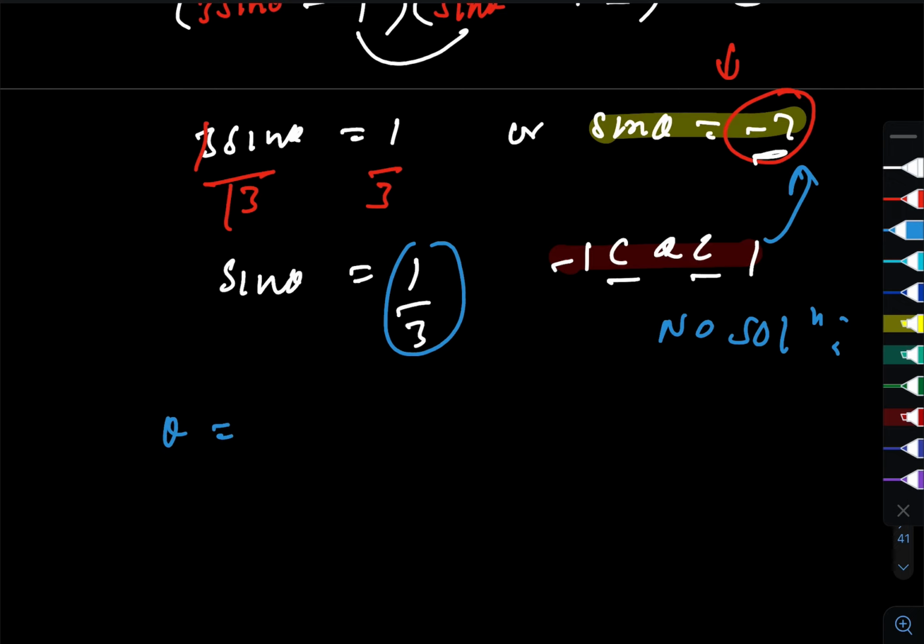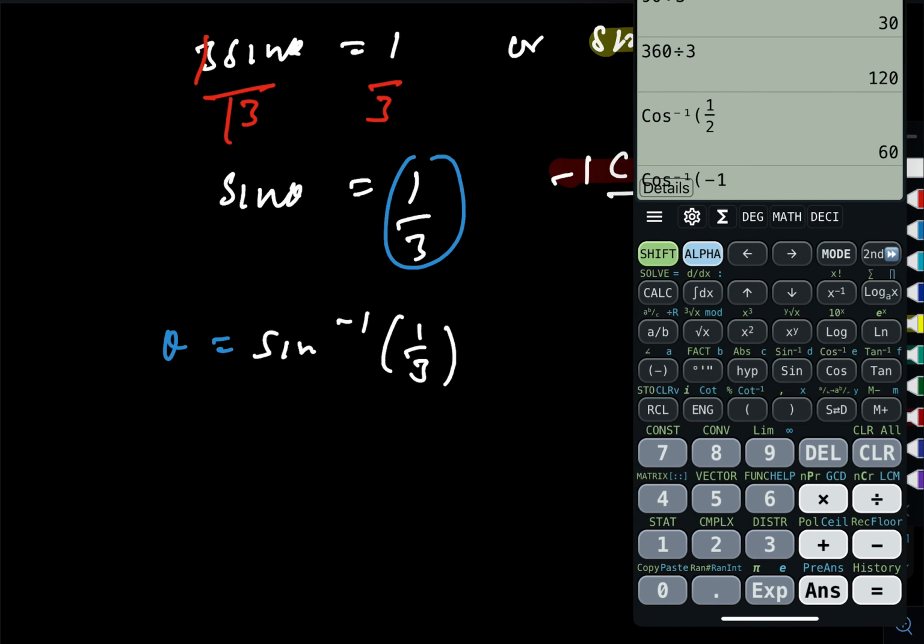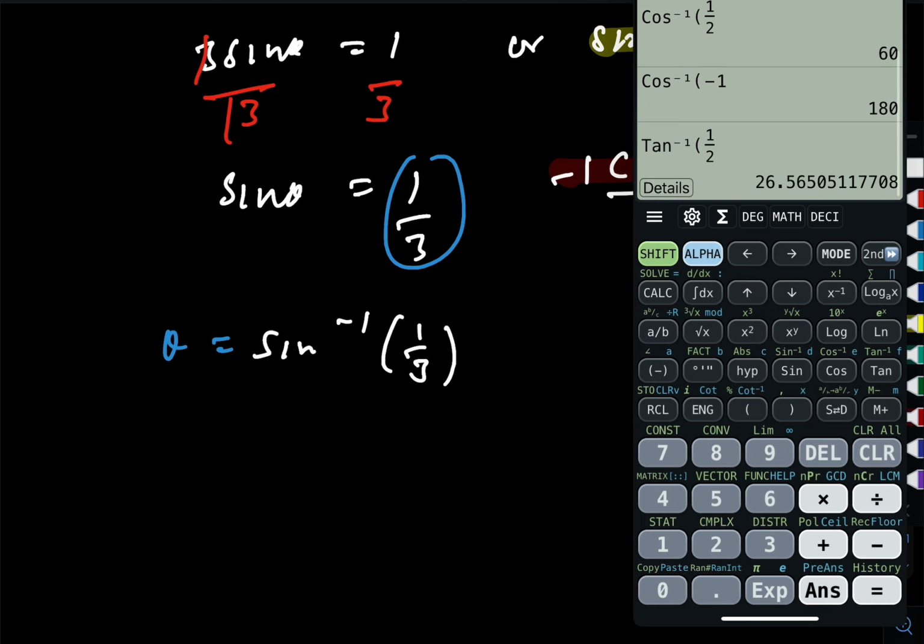So theta is going to be second function sine of 1/3. All I need to do is take out a calculator for that. So I'm going to press second function, which is shift, and then sine of 1/3. Now that's going to give me 19.47.